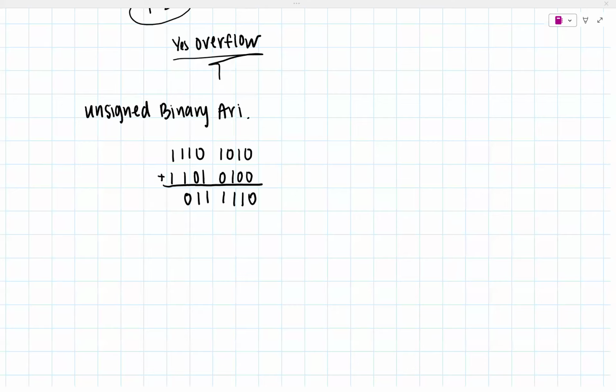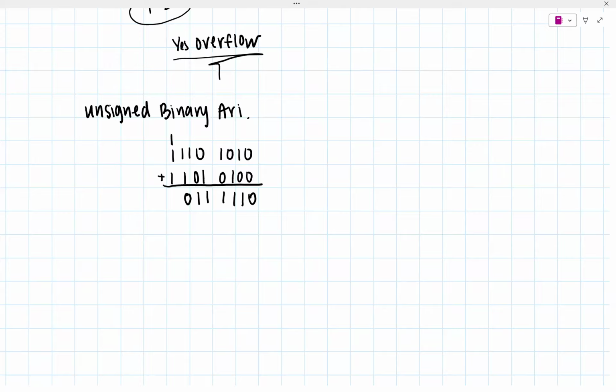Sorry, I think it stopped sharing. Okay, but anyway, we have 1 and 1. Since that goes over the base, we'll mark it as 0 and then we'll carry the 1 over. The problem here though is now we have 1, 1, and 1. So when we had two ones, we made it a 0 and then we carried the 1 over here.